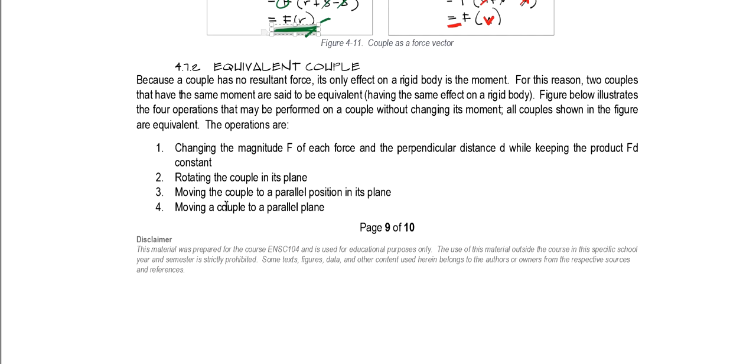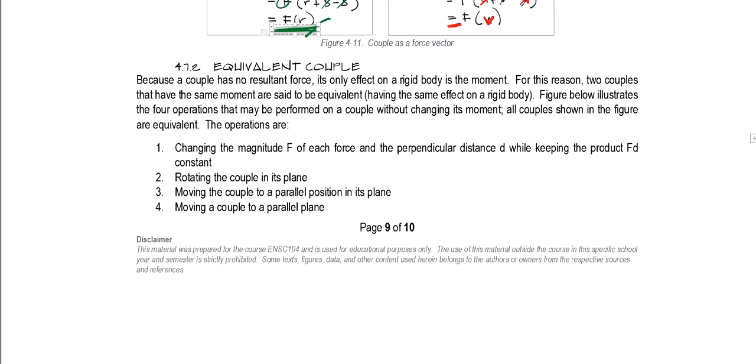Okay, so there are certain scenarios wherein we can perform changes on the couple force without changing the value of the moment, or its rotational effect. All couple zones are equivalent.